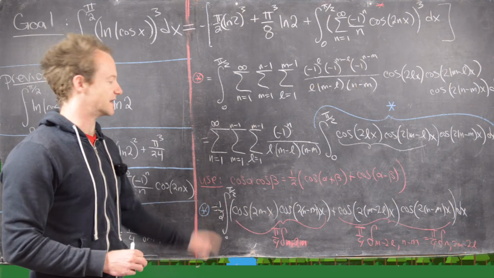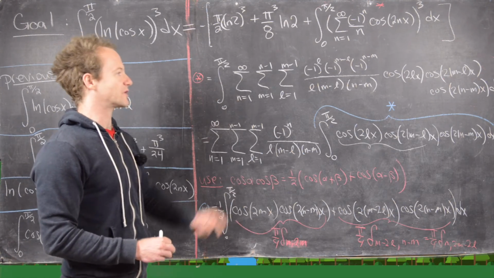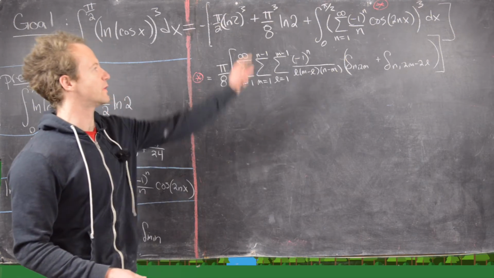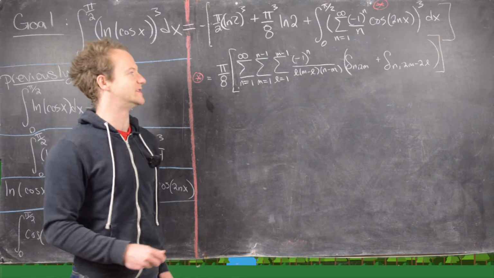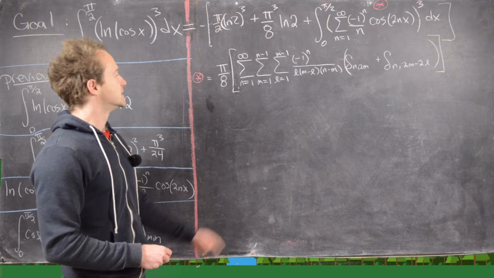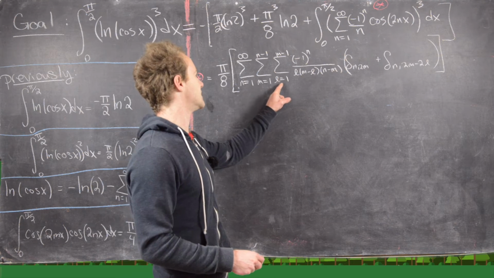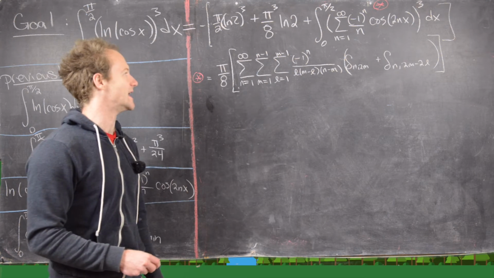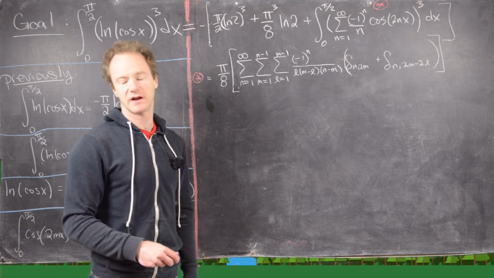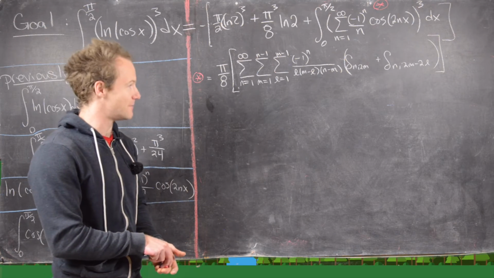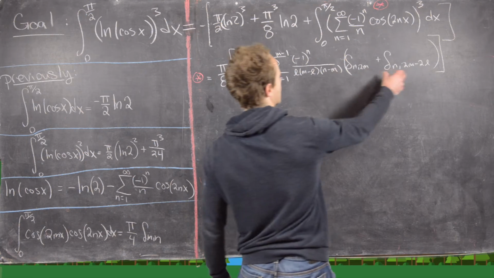So I'll clean up the board, I'll bring this up, and then we'll start simplifying that sum. On the previous board, we worked down integral star into this quantity. So we've got this sum from n equals 1 to infinity, m from 1 to n minus 1, l from 1 to m minus 1, minus 1 to the n, over L, m minus L, n minus m, and then we have these two Kronecker deltas.